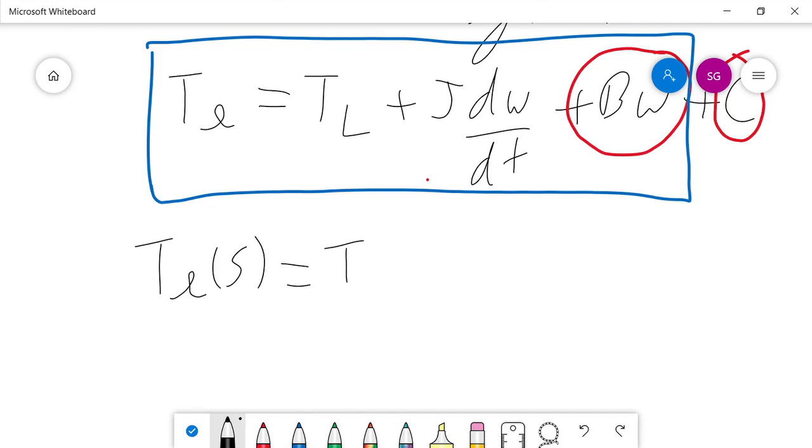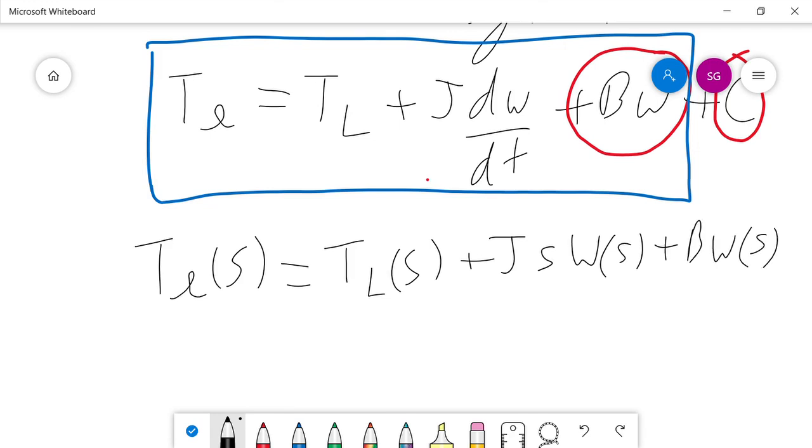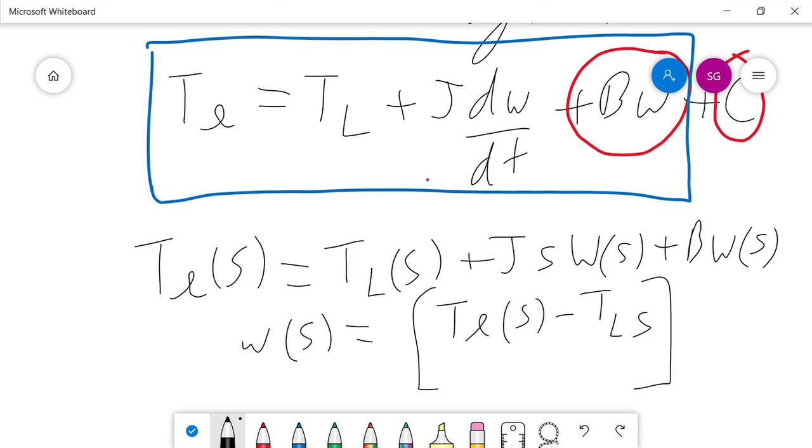So we can take Te(s) equals TL(s) plus J, there is a differential so s will come, omega(s), plus B omega(s). From here we can derive omega(s). What will be omega(s)? It will be Te(s) minus TL(s) into 1 upon B, over 1 plus s Tm.